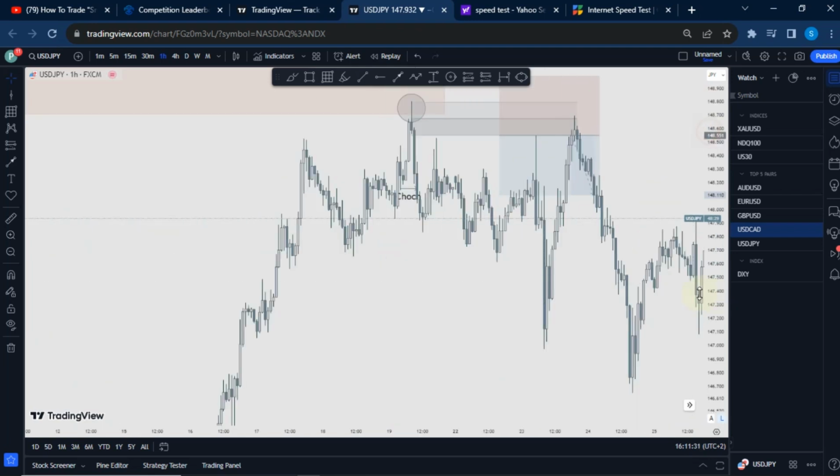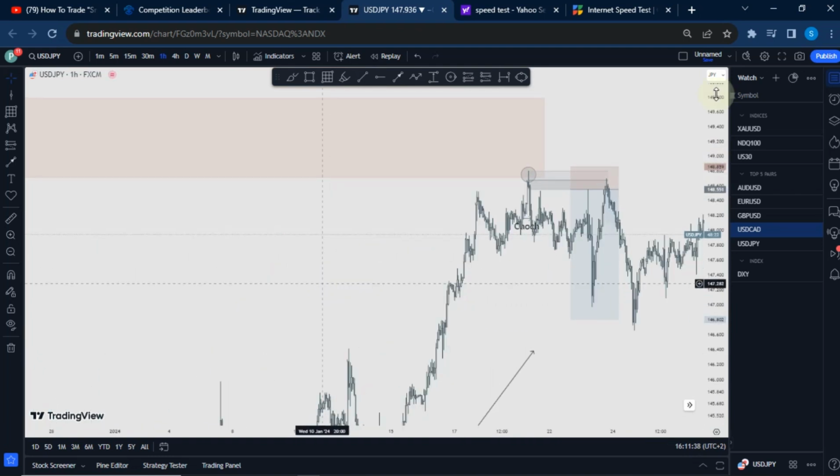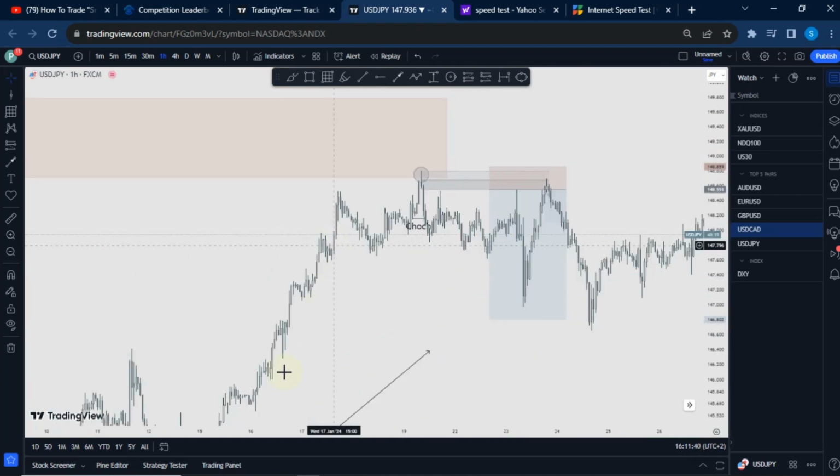Then price comes and respects that level, and then we target 5R. In that case, this could have been a winning trade.